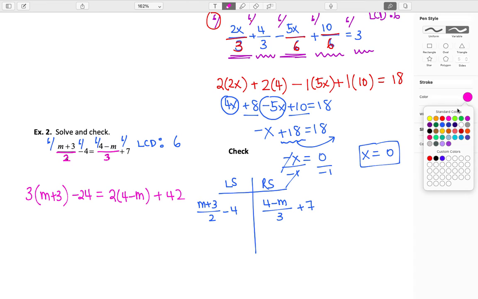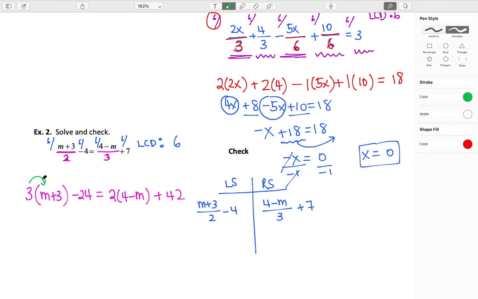After that, let's do the distributive property to get rid of the brackets. 3m plus 9. Okay, now I'm going to simplify by doing this together, and 8 plus 42. They are the like terms.